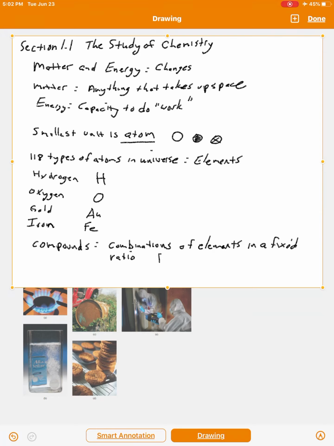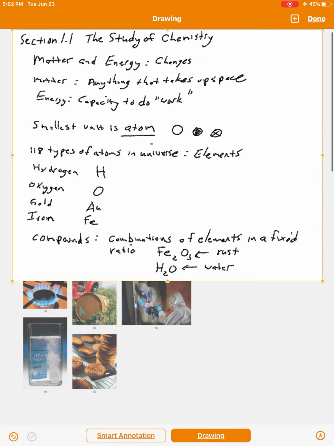So for example, there's a substance that has 2 iron atoms for every 3 oxygen atoms. Now this has a technical name, but we often refer to it as rust. There's another compound that has 2 hydrogen atoms for every 1 oxygen atom. And we're familiar with that one. We call it water. So those are compounds.